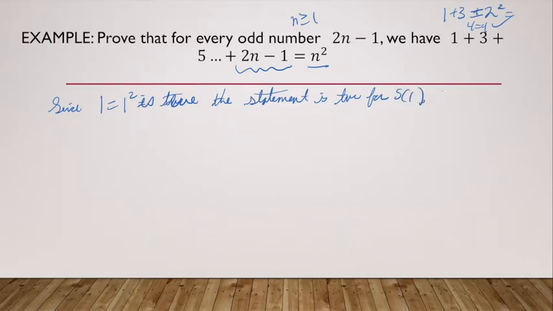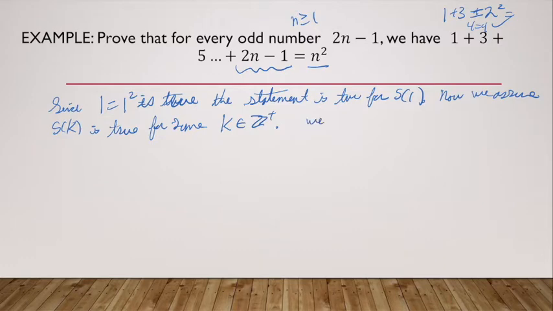So now we assume S of k is true for some k that's a positive integer or a natural number, right?